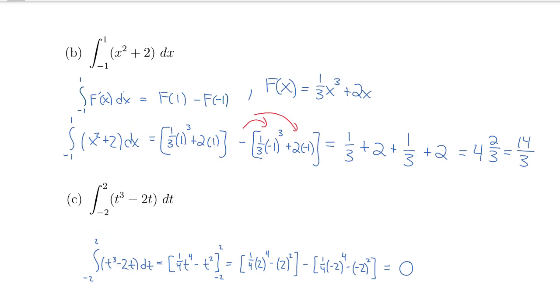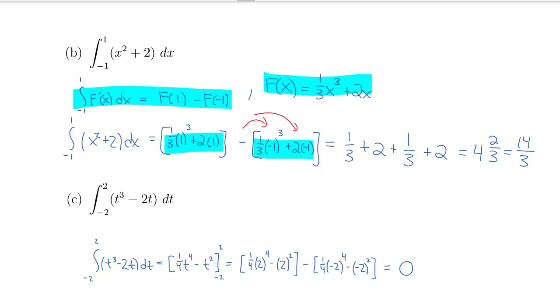So I just want to update that first equation for the Fundamental Theorem of Calculus: this integral from -1 to 1 is equal to the change in the antiderivative f from -1 to 1. So we found our f, and then we plug in those values at 1 and -1 and evaluate. And you can see here in the red, don't forget to distribute that negative sign to all terms. Once you do that, you'll come up with your final answer, in this case 14/3.